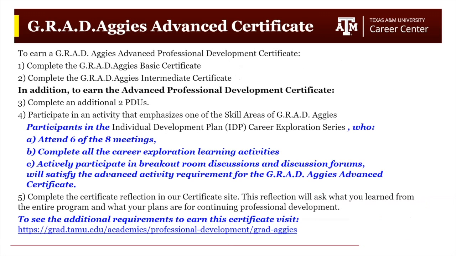In addition, you need to complete an additional 2 videos and participate in an activity that emphasizes one of the skill areas of Grad Aggies. Participants in this Individual Development Plan or IDP Career Exploration Series who attend 6 of the 8 meetings, complete all career exploration learning activities, and actively participate in breakout room discussions and discussion forums will satisfy the advanced activity requirement for the Grad Aggies Advanced Certificate.